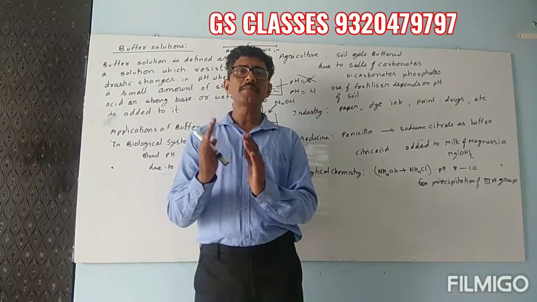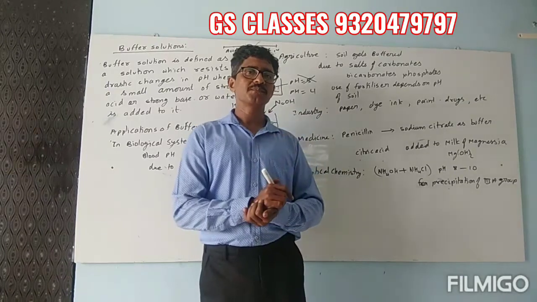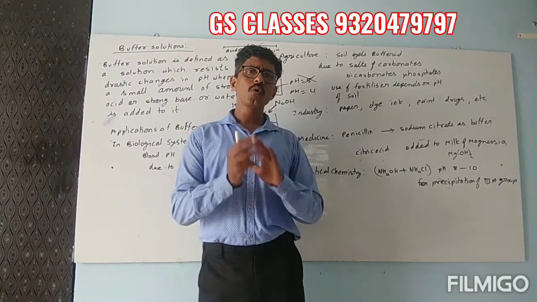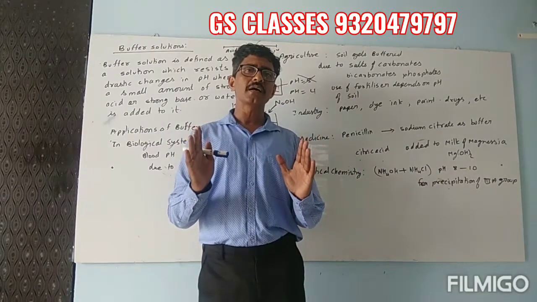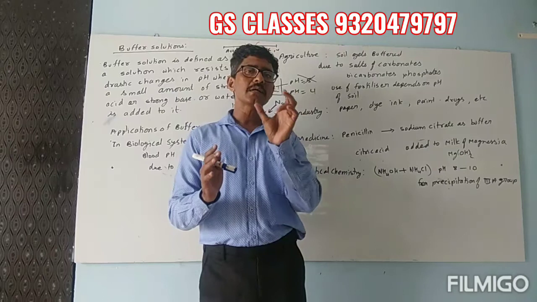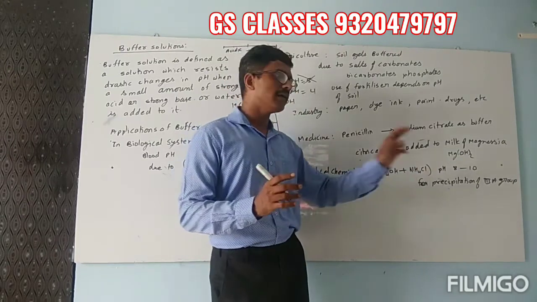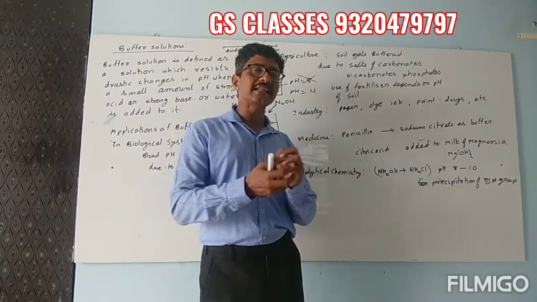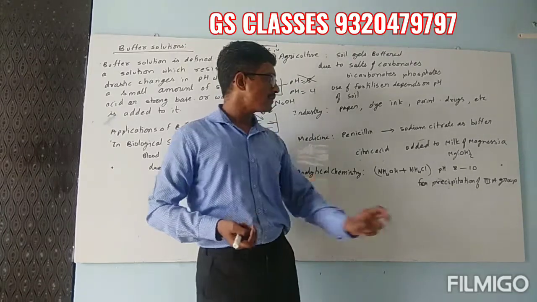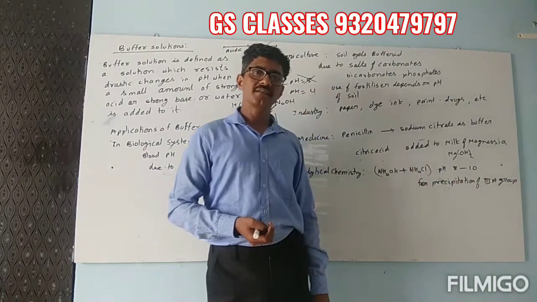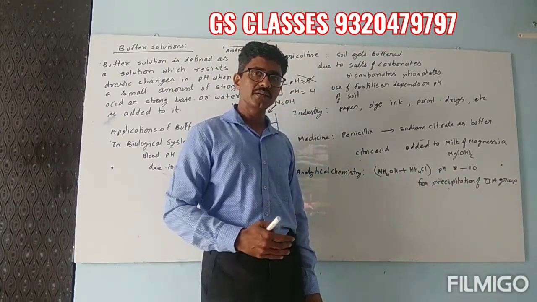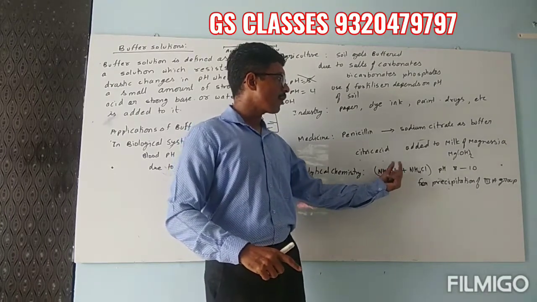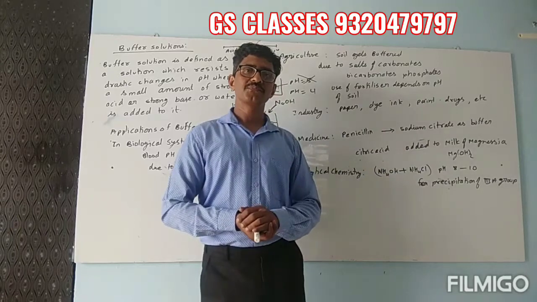These substances have been classified in several groups. So group 3A, all the chemical substances which are present in group 3A, while detecting them, we need a particular pH level of 8 to 10, a very alkaline solution, and that pH level is maintained by using ammonium hydroxide and ammonium chloride.